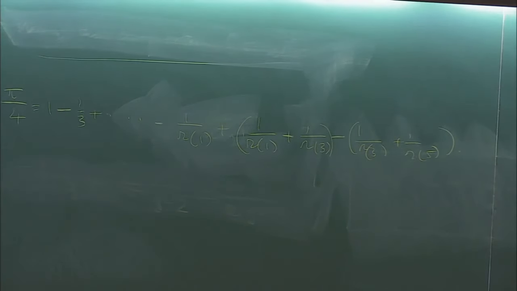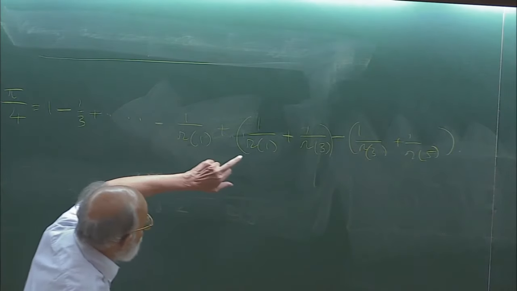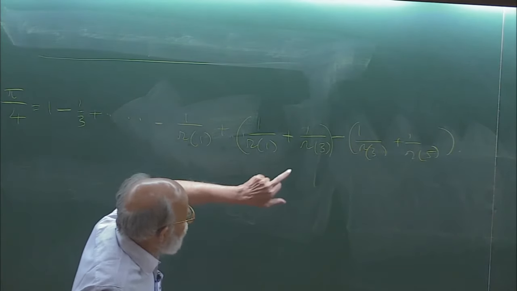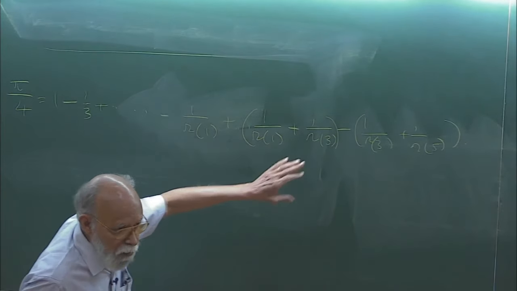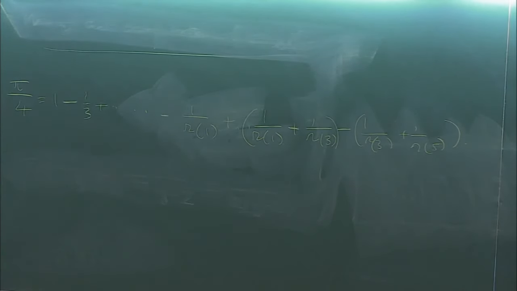This is a trivial rearrangement in the sense that these just cancel: minus 1 over R1, 1 over R3, minus 1 over R3, and so on and so forth. What you're going to do now is rewrite this series, rearrange it again.